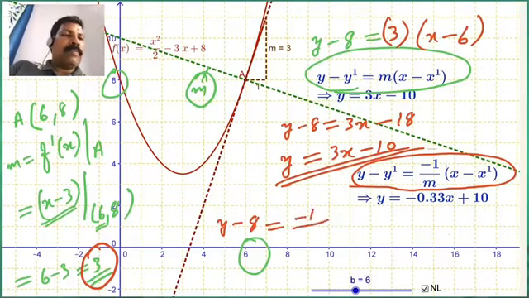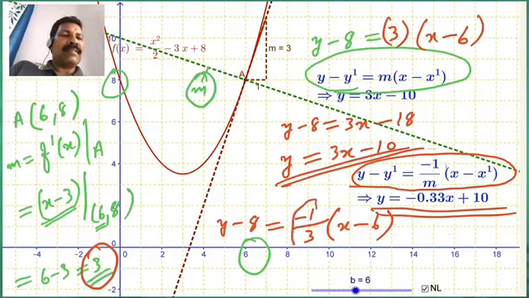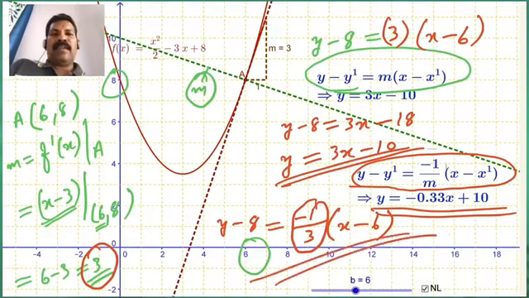Slope is -1 by m. m means we already computed 3, into x minus 6. That can be simplified as y minus 8 equals -0.333, means you can write -1 by 3, no problem, into x minus 6. So you can simplify it to get the equation of the normal.